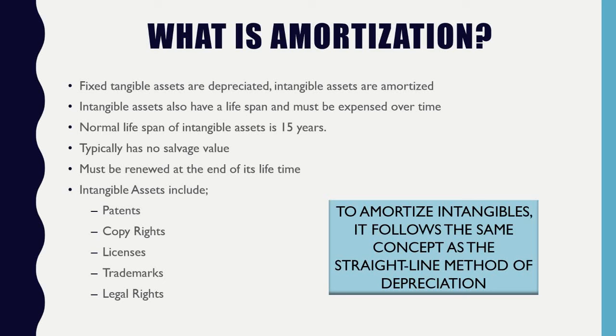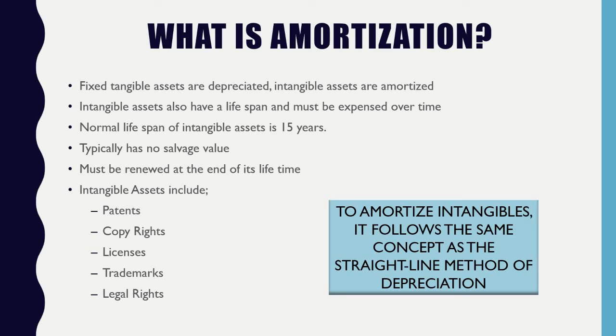So it really depends on how big the company is, or if they deem that it needs to be protected for a long time, or how valuable that asset is, which determines the estimated life it should have. Now, once again, a patent expires and you have to renew it.